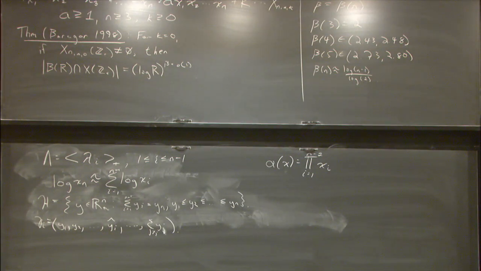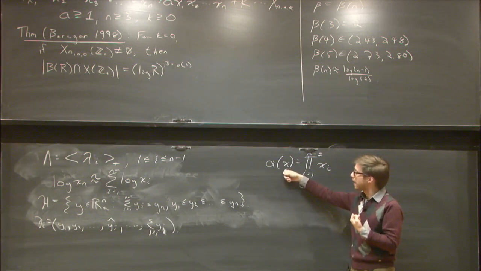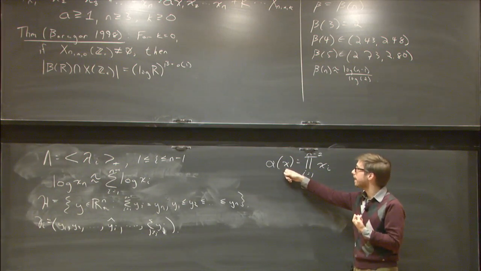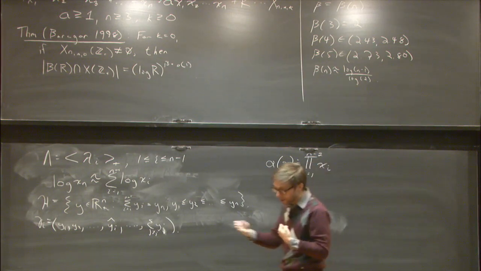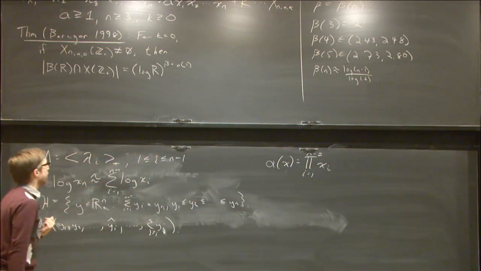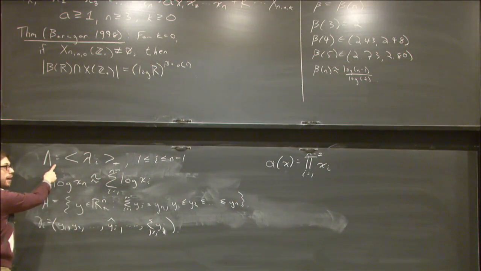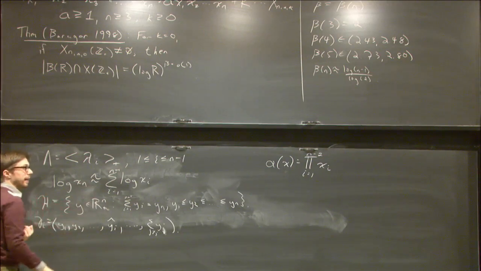Lambda n minus 1 only changes the last 2 coordinates, which means I can apply lambda n minus 1 repeatedly to x and not change this product at all. So I could theoretically have a very long word in the generators of lambda which does not change the quality of this estimate.